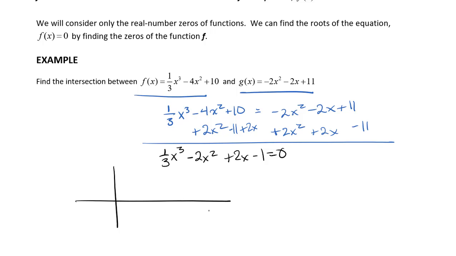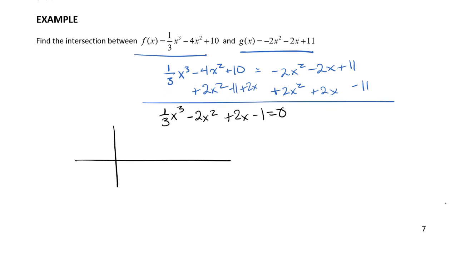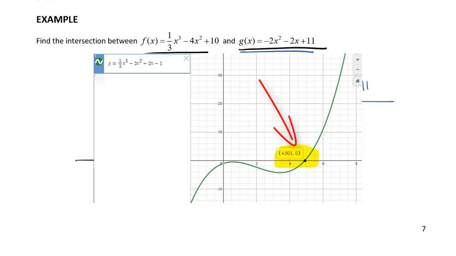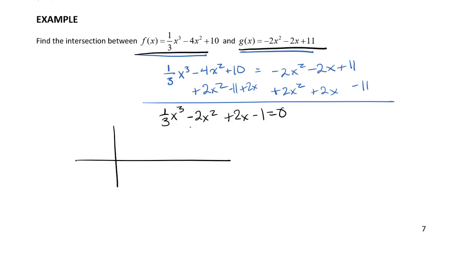What I'd like you to do is graph f of x and graph g of x. Then look at what the intersection points are. You'll find that when you set this equal to 0 and then say y is equal to this and find the intersections along the x-axis, the x values will match.